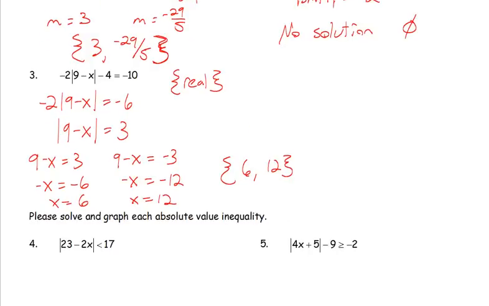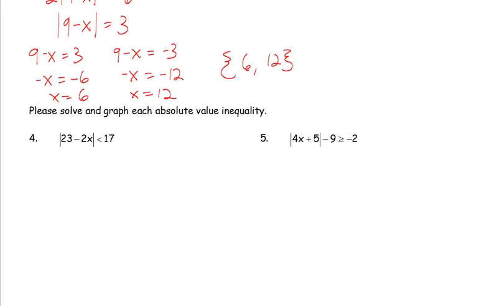Now we're going to do absolute value inequalities. Here are the rules for this. Think of this: less than, and greater than, or. And this is only when the absolute value is on the left side. So when the absolute value is on the left: less than, and; greater than, or.